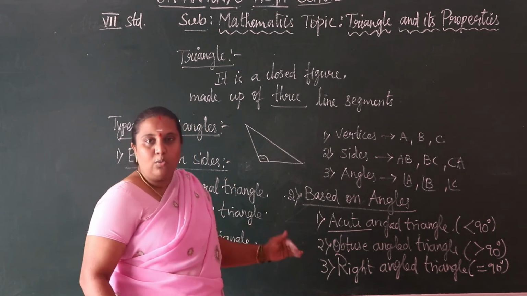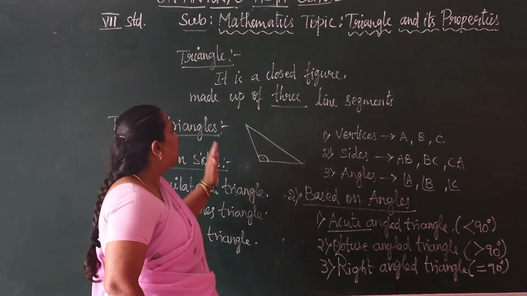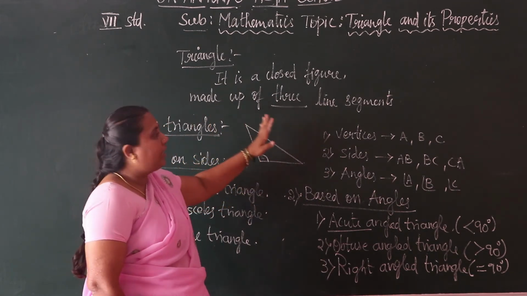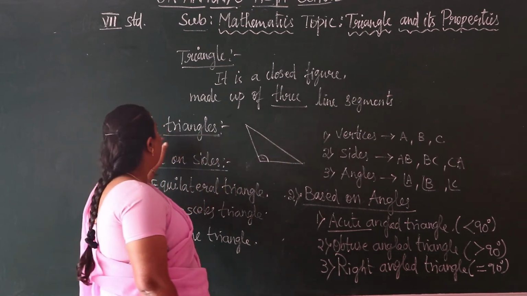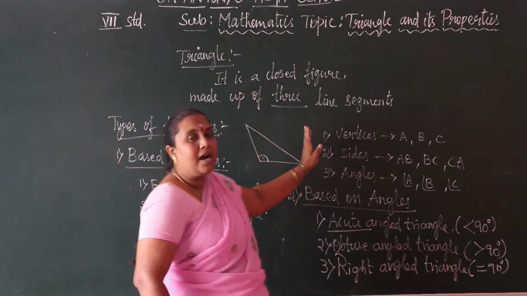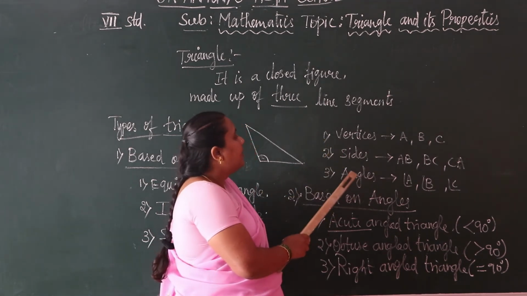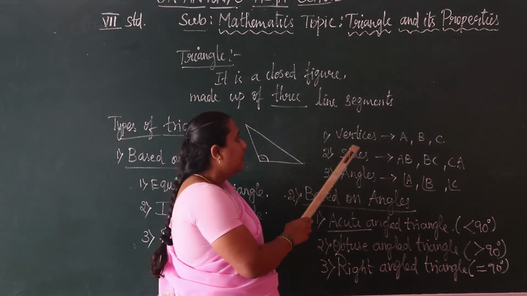Now till now we saw the concepts. What is a triangle? It is a closed figure made up of 3 line segments. Then we saw the parts of the triangle. What are the parts of a triangle? Vertices, sides and angles.